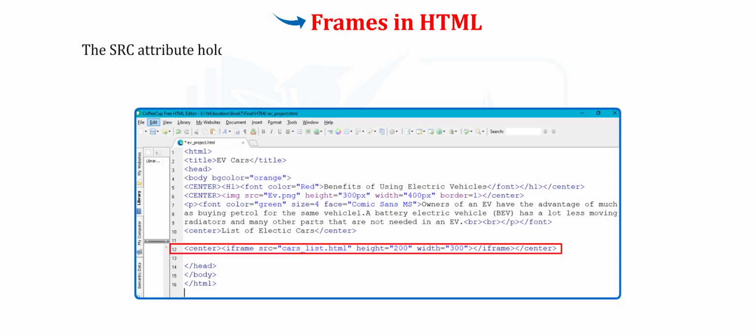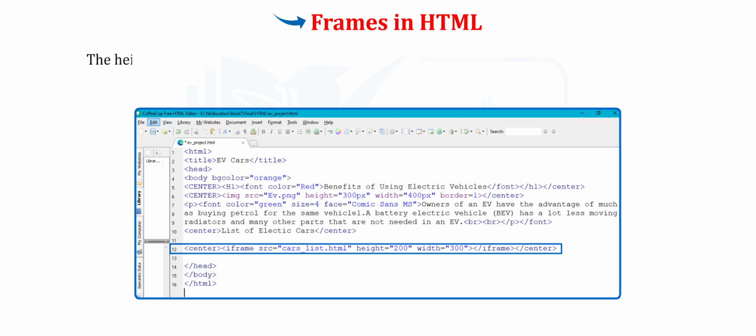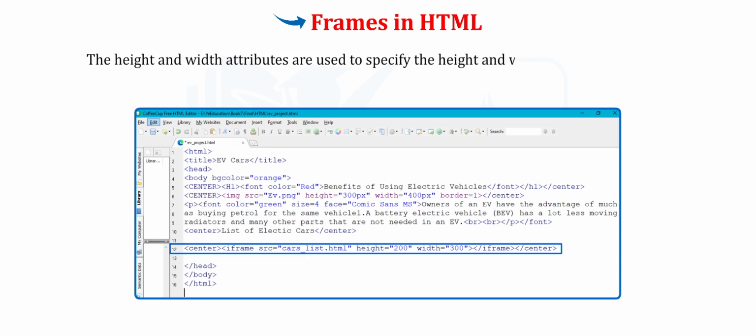The src attribute holds the target page, cars_list.html, that will be displayed as a component in the electric_cars.html page. The height and width attributes are used to specify the height and width of the inline frame.